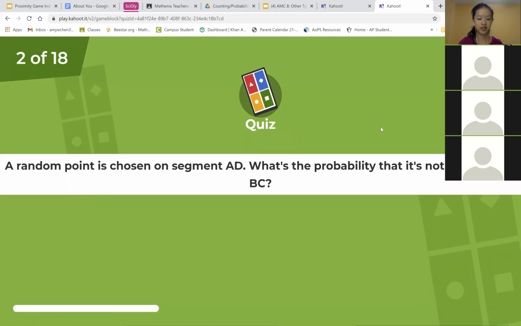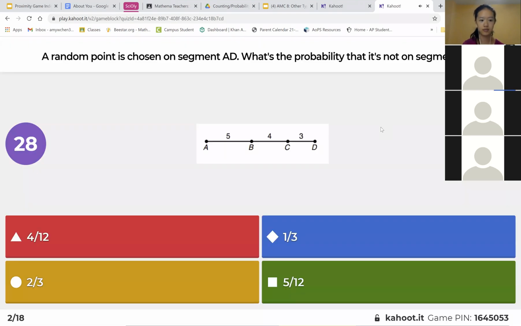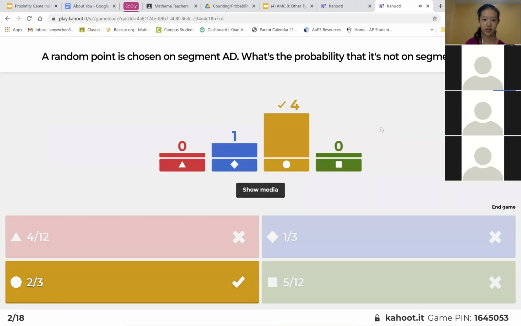Okay. A random point is chosen on segment AD. What's the probability it's not on BC? Okay, nice.